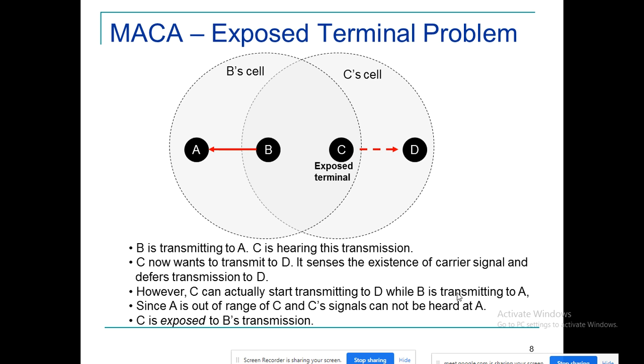Start transmitting to A while B is transmitting to A. Since A is out of range for C, because of the hidden terminal, C's signals cannot be heard at A, remember that. But C is exposed to B's transmission. Right? I could hear, but I could not perform. That is what the exposed terminal problem is.